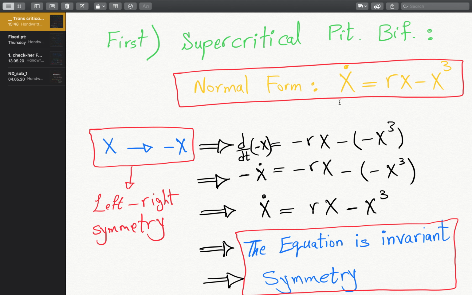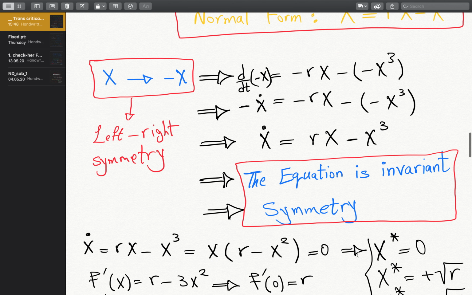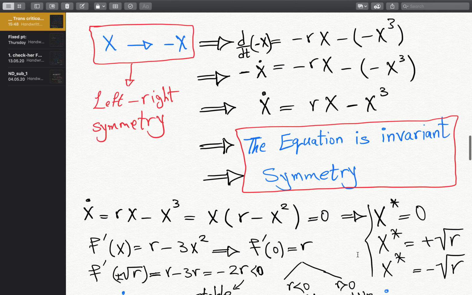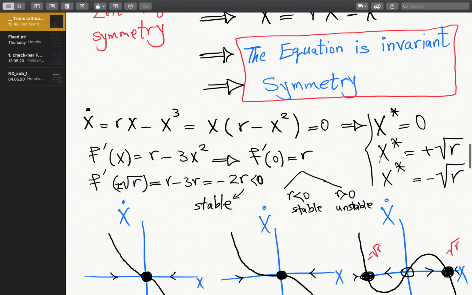So you have a kind of left-right symmetry. If you replace x with minus x, the normal form is still the same. This is why we say that the equation is invariant under this replacement, and this brings the idea and understanding of symmetry in the models.